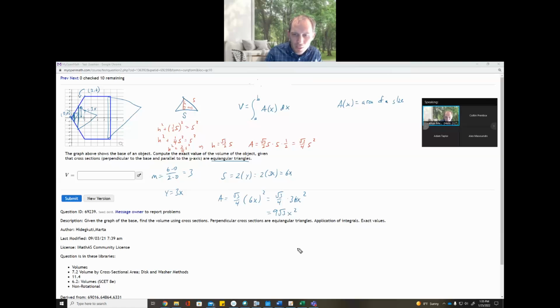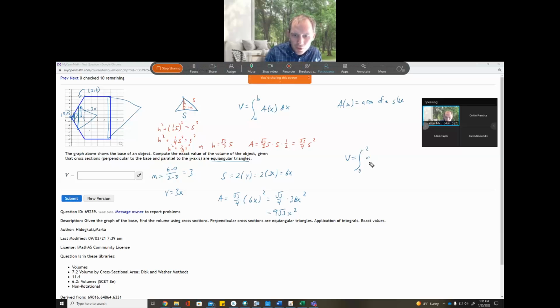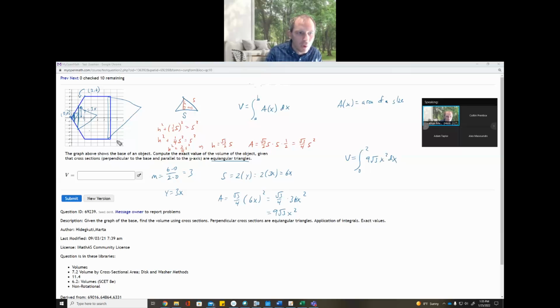So we have 9 root 3 x squared. So now our volume is going to be the integral from 0 to 2 of my area function, 9 root 3 x squared. Or at least that's the volume of this first part, where it's getting bigger.